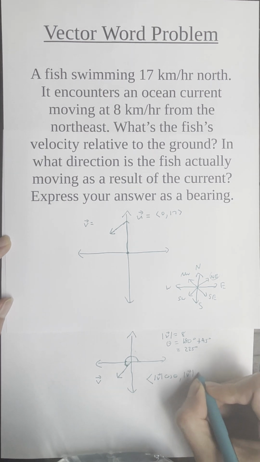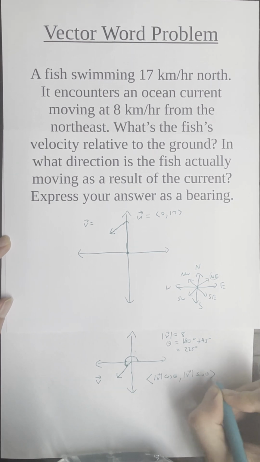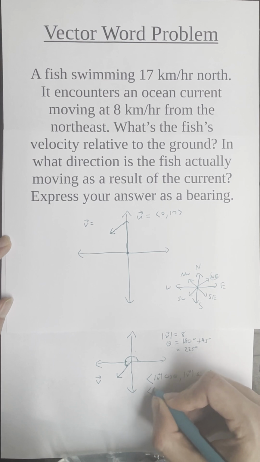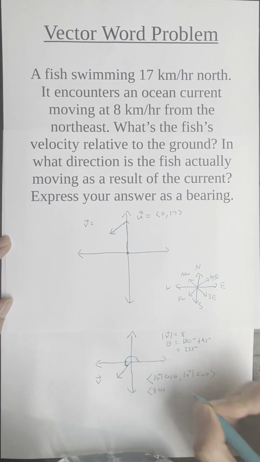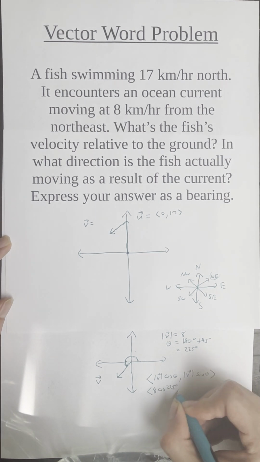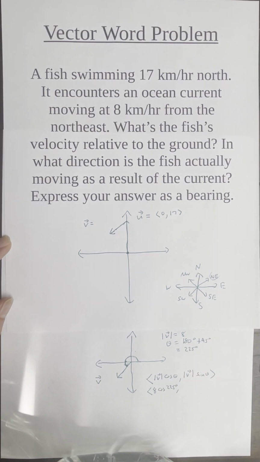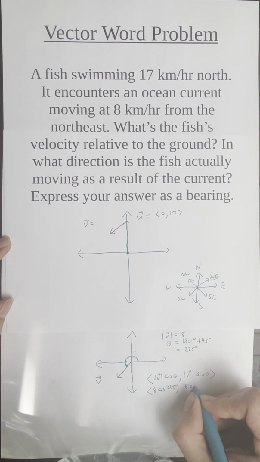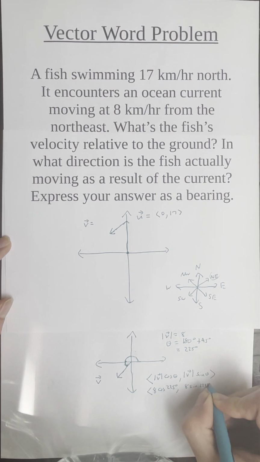Magnitude times sine theta. Okay, so let's go ahead and plug these in. So it's going to be 8 times cosine of how many degrees? 225 degrees. Okay, and what else? 8 times sine of 225 degrees.